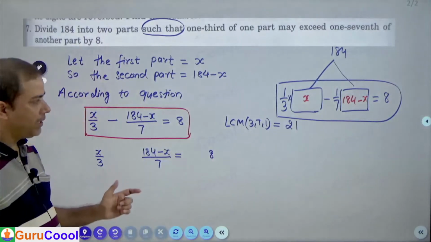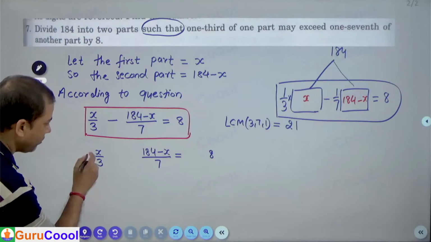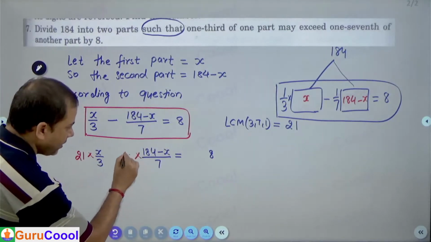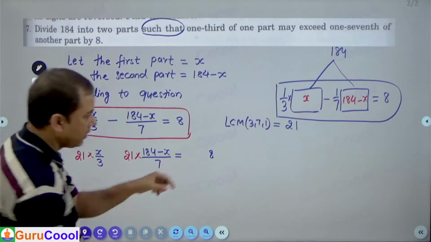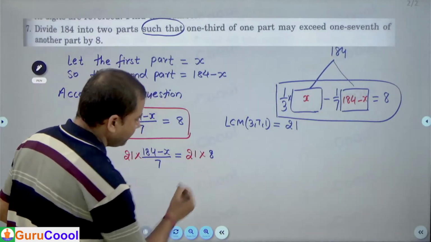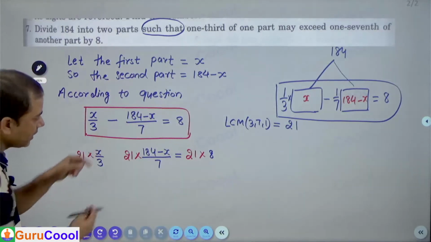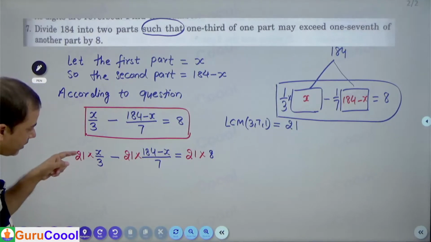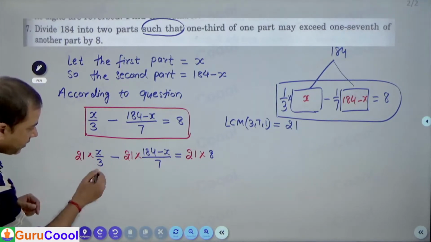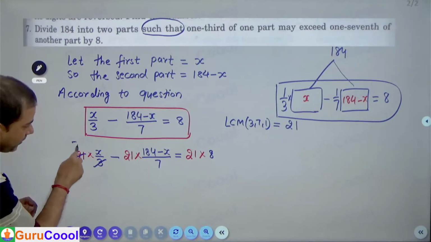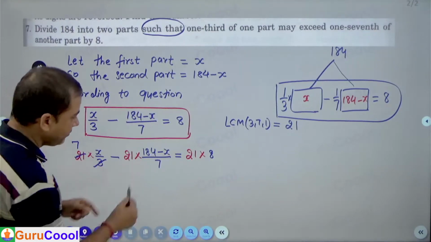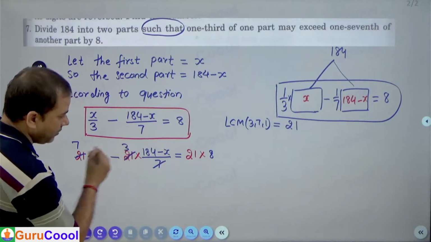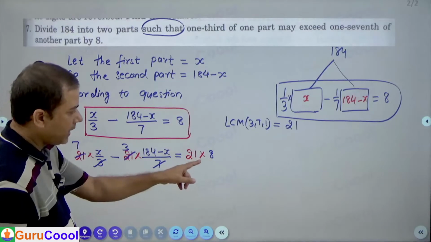In the first term, done. In the second term, done. In the last term, done. And this minus sign here. Now see if cancellation is possible. Yes, in this one, 21 in the numerator, 3 in the denominator. 3 7s are 21. And in the second one, 21 in the numerator, 7 in the denominator. 7 3s are 21. Now on the other side, 21 into 8.